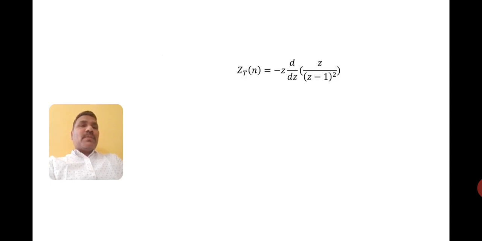So when you apply this, the step is repeated. Now we do the differentiation with the quotient rule. What does the quotient rule say? The denominator part you keep as it is, z minus 1 whole to the power 2, times the differentiation of z, which is 1, minus the numerator z as it is times the differentiation of the denominator, 2 into z minus 1, divided by z minus 1 whole to the power 4.